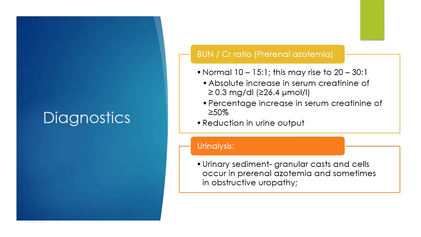Diagnostics will look at the BUN and creatinine ratio, and we'll see a rise in the ratio as well as the absolute increase in the serum creatinine, and then eventually a reduction in urine output. Urinalysis will show sediments such as granular casts and other cells that occur in prerenal azotemia, and sometimes this occurs in obstructive uropathy.